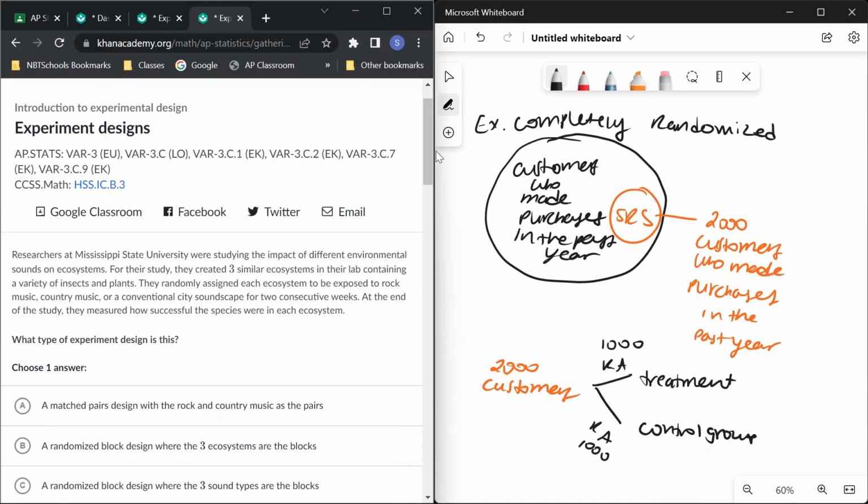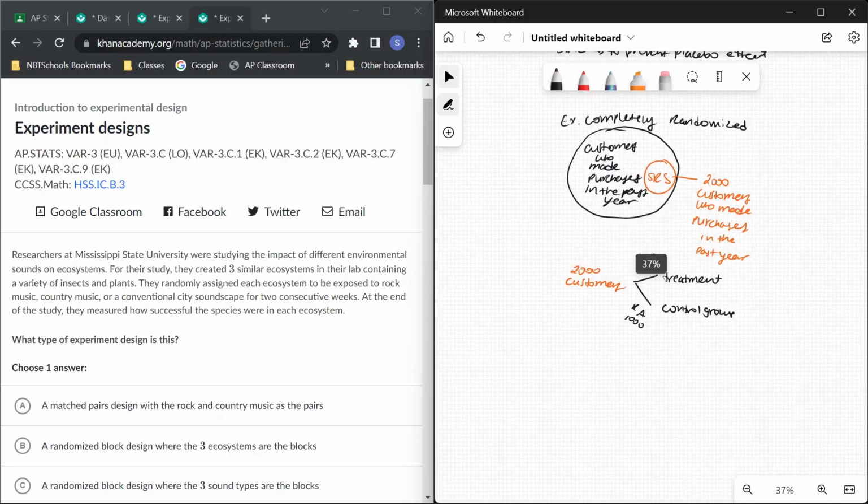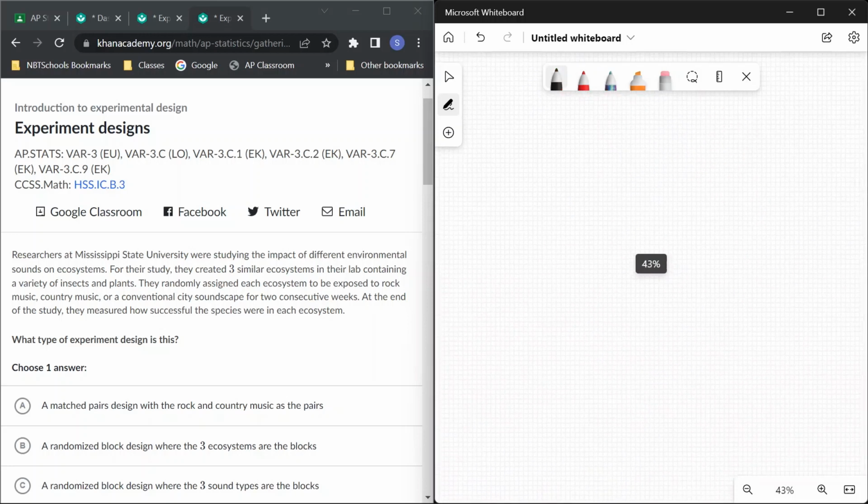Researchers at Mississippi State University were studying the impact of different environmental sounds on ecosystems. For their study, they created 3 similar ecosystems in their lab, containing a variety of insects and plants.